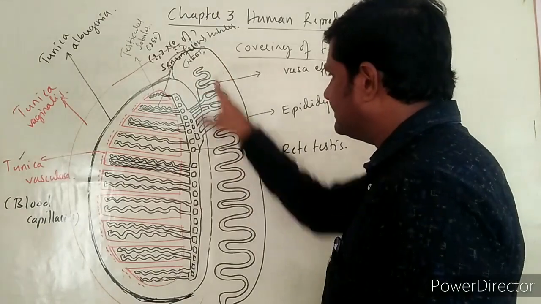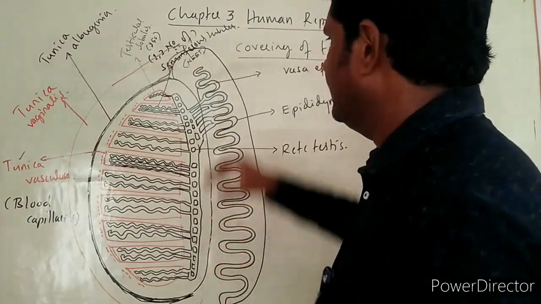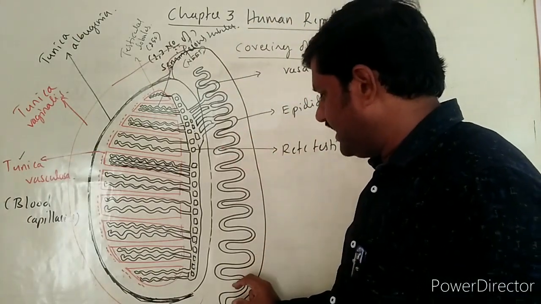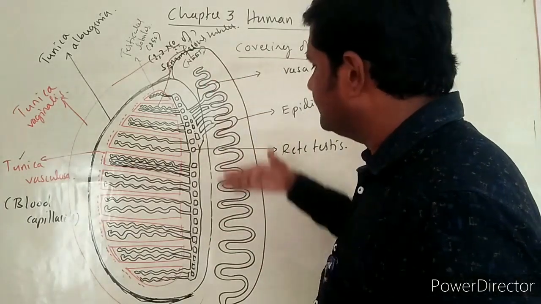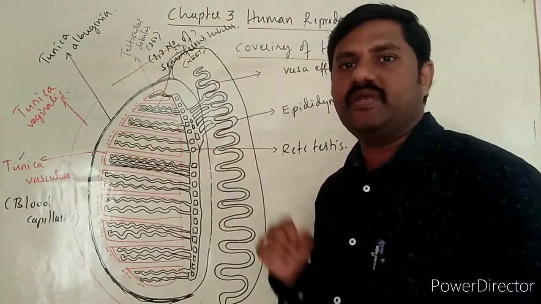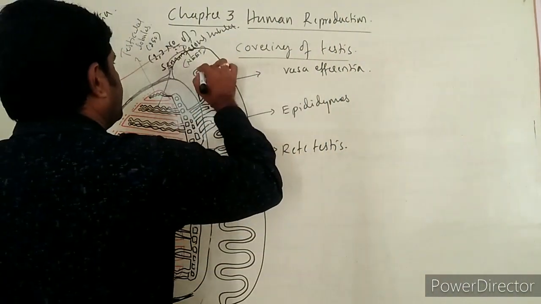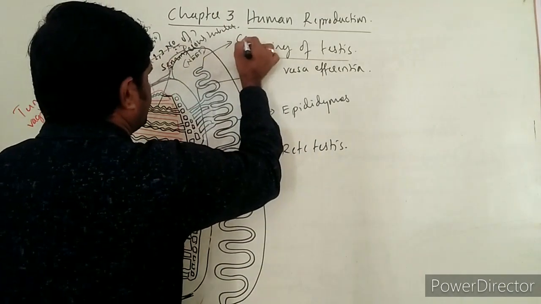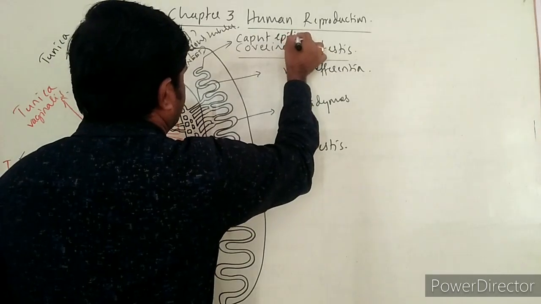This has three major parts that we come across. One is the head part, another one is the middle body, and the last one is the tail part. The upper head part is said to be caput epididymis.